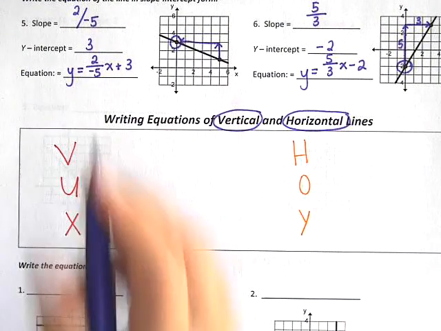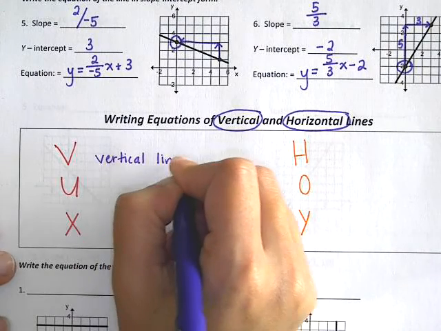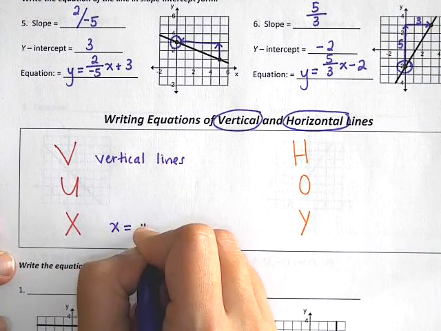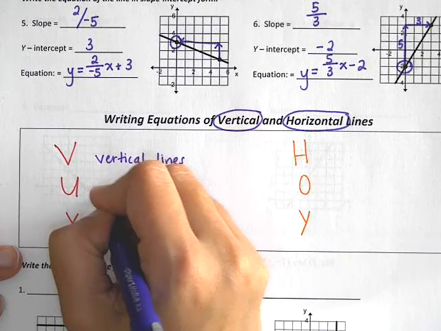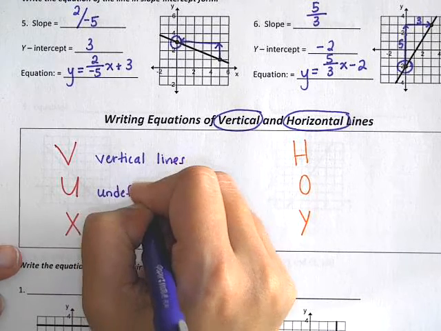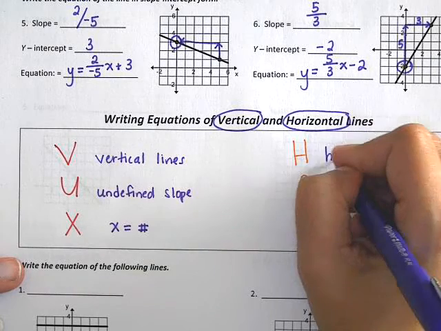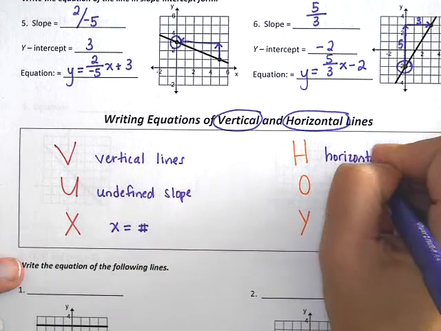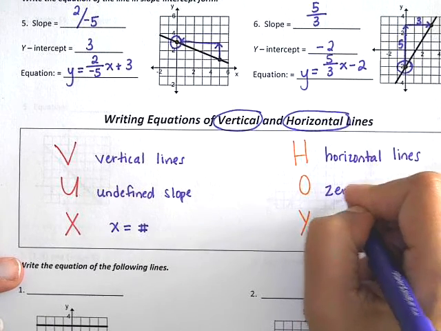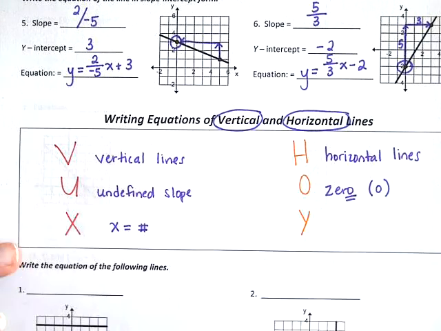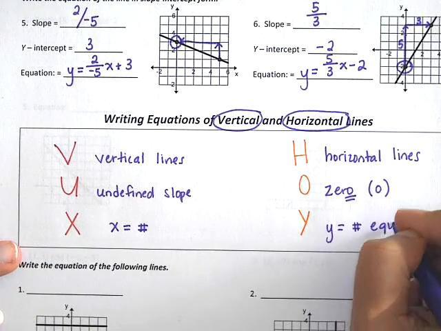So to review, the V stands for vertical lines, and the x stands for x equals a number in the equation, and the u stands for an undefined slope. H stands for horizontal lines. O stands for a zero slope. And y stands for y equals a number in the equation.